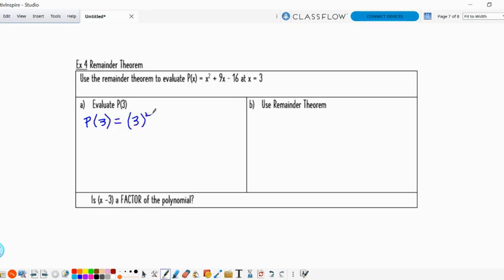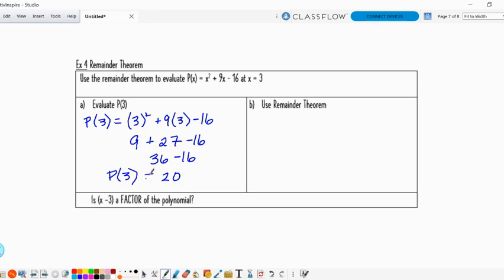So we're going to square 3. We're going to multiply 9 by 3. And then we're going to subtract 16. So we'll get 9 plus 27 minus 16, which is 36, minus 16, which is 20.